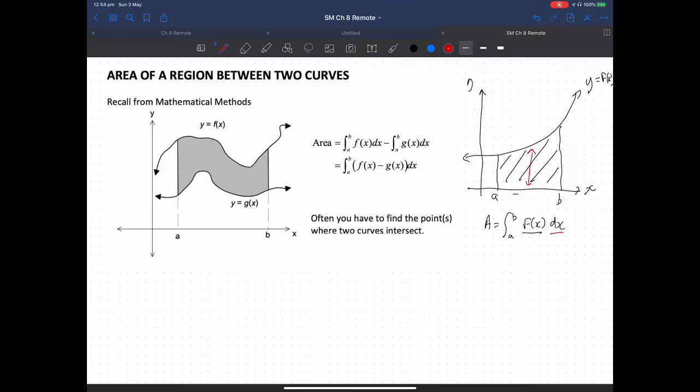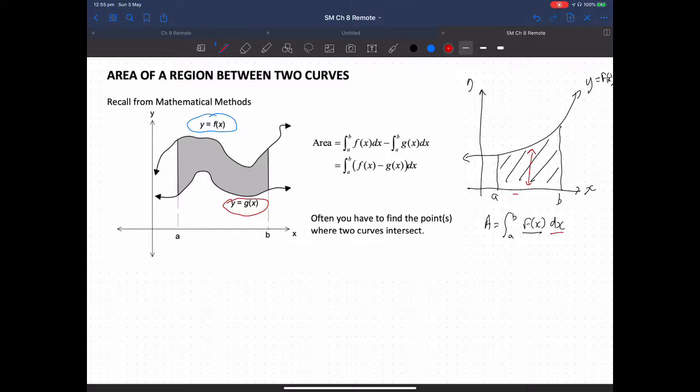Looking at the diagram for the region between two curves, what we have is an upper curve, y equals fx, and a lower curve, y equals gx.